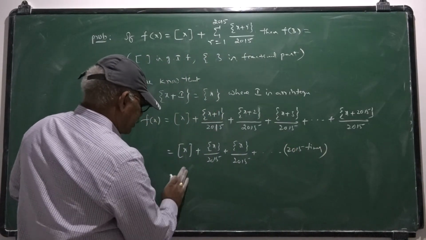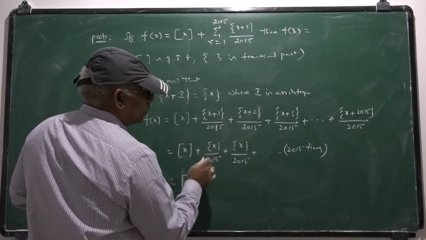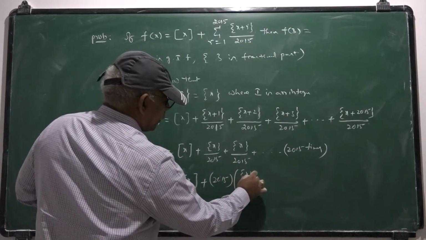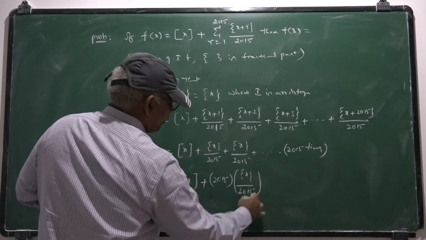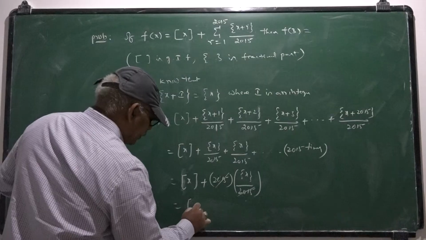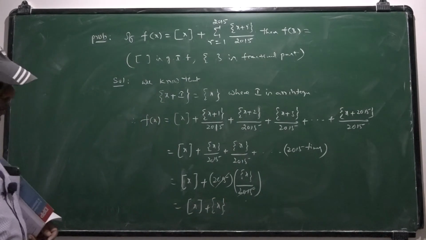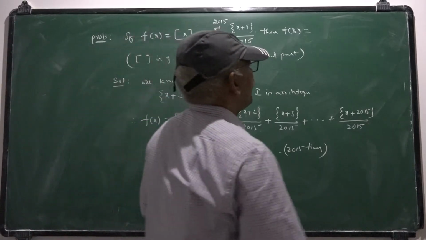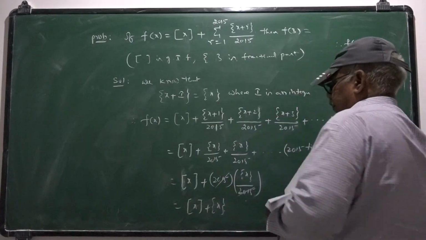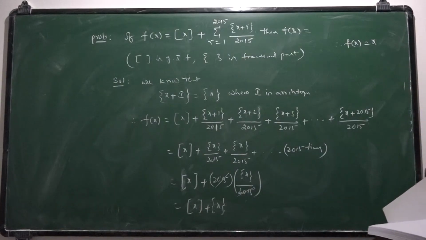So that is step x plus 2015 times fractional part of x by 2015. This 2015 cancels. We get step x plus fractional part of x itself. Step x plus fractional part of x is x. So f(x) equal to x itself, because integer part plus fractional part gives us x itself.